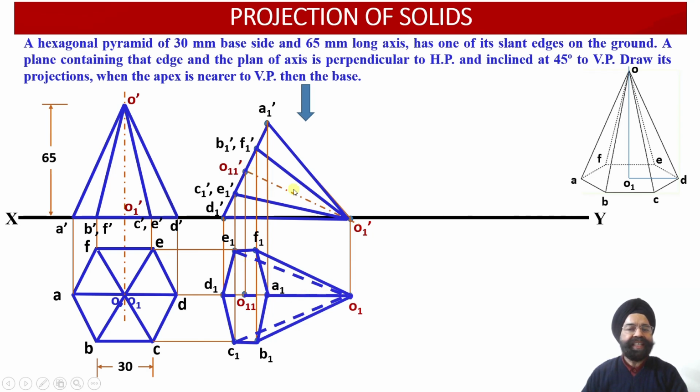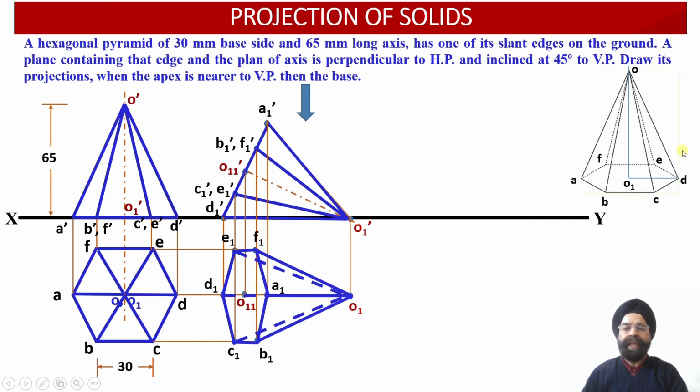Since this axis O1'O11', which was the true length of the axis, happens to be 65 millimeter, this length of the axis was 65, but since it was inclined with respect to the horizontal plane, in the top view projection we have obtained the plan of the axis projected over here as O1 and O11.